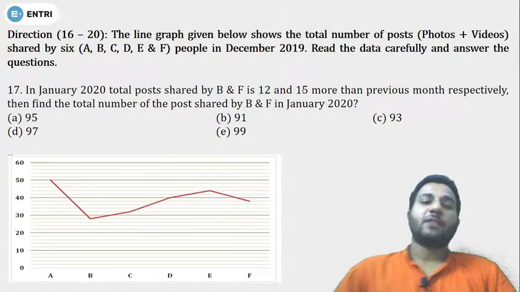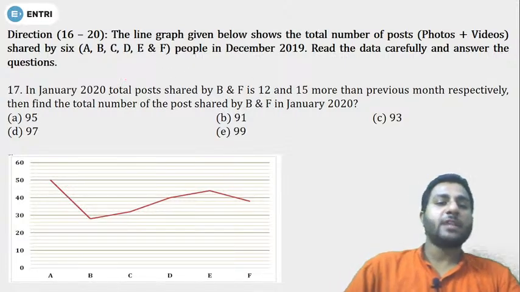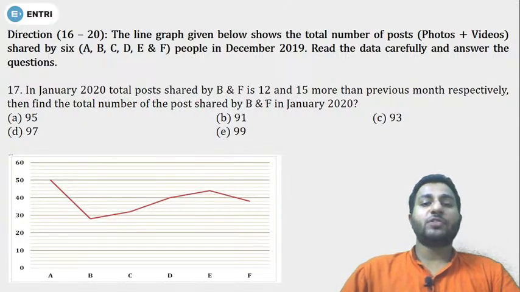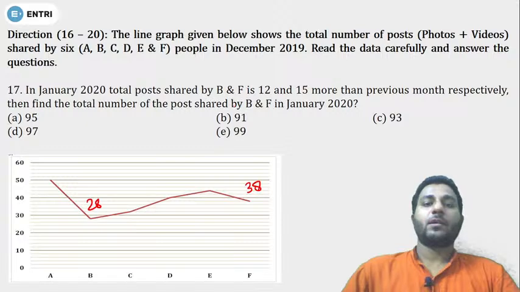Now we move on to the next question. It says that in January 2020, find the total posts shared by B and F. Look at this, B has shared 28 and F has shared 38 in December.